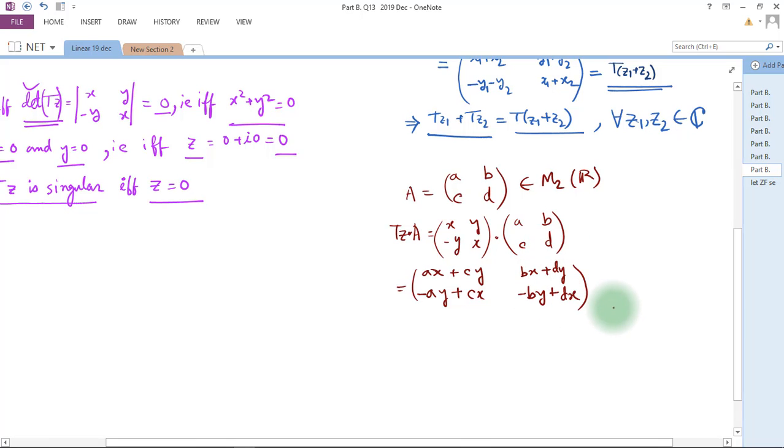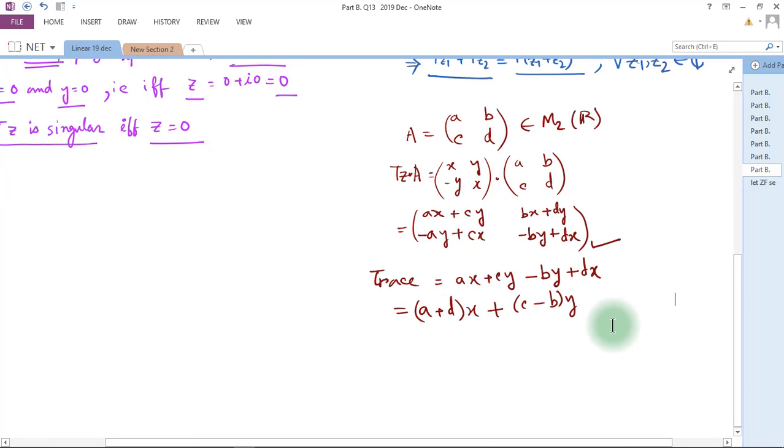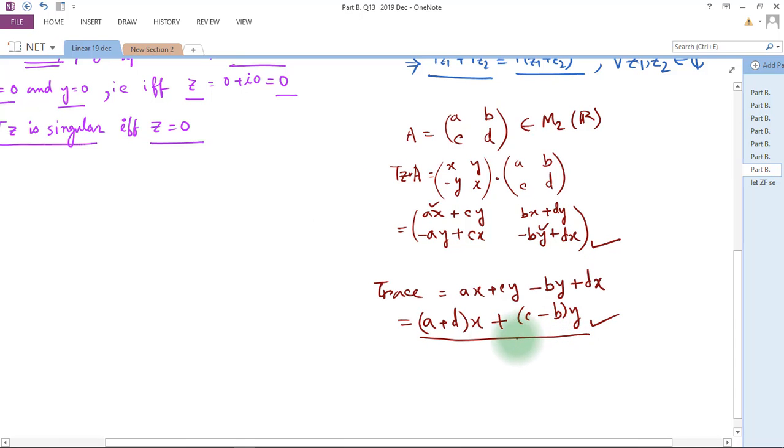So we have the matrix which is in this form. Now calculate the trace of this matrix. So the trace of this matrix will be a plus dx plus c minus by.